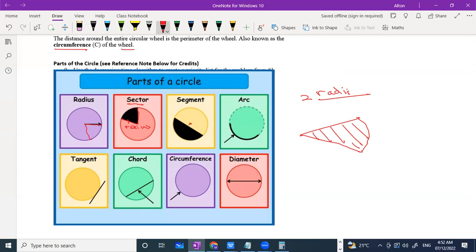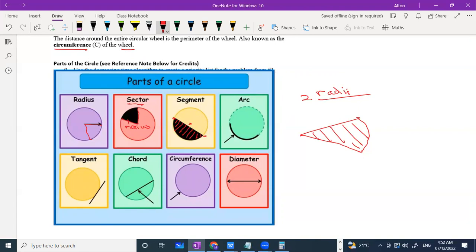When you form a segment, you are not directly passing through the center of the circle. So once you draw a line touching any 2 points not passing through the center of the circle, and you block off or shade off that portion, what you have is called a segment or piece of the circle.